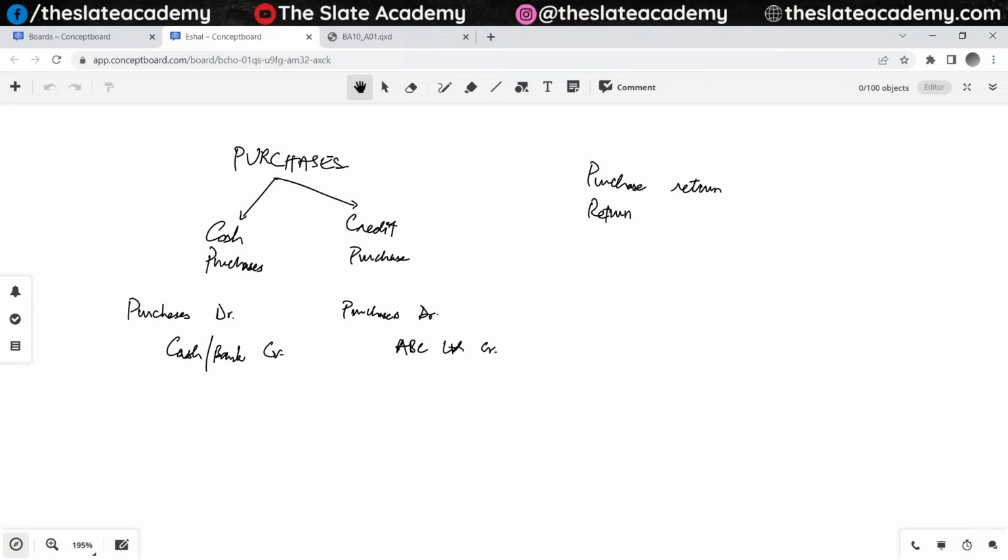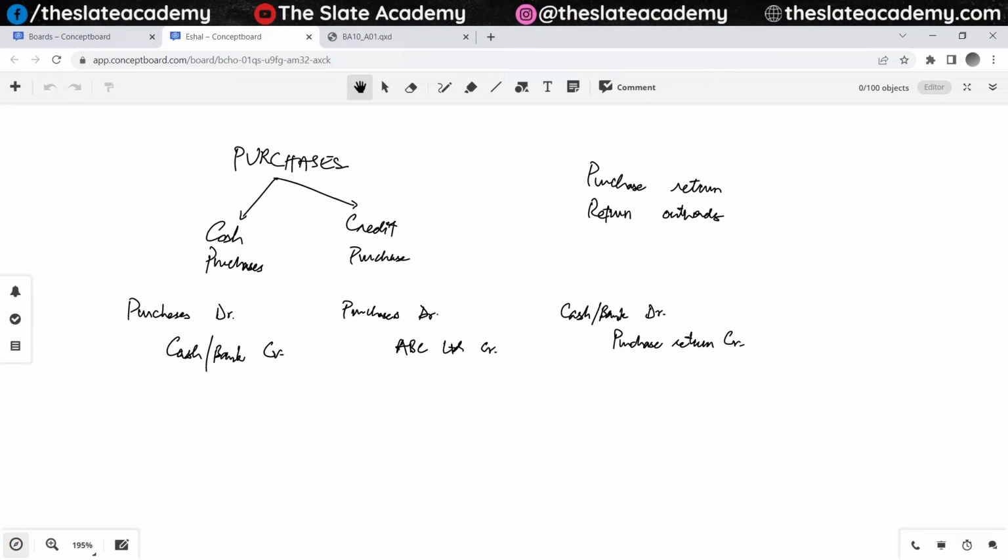Since I'm sending the goods out of my premises back to the supplier, return outwards or purchase return, it's the same thing. If I'm getting a cash refund for my purchase, it will be cash or bank debit, and purchase return credit.